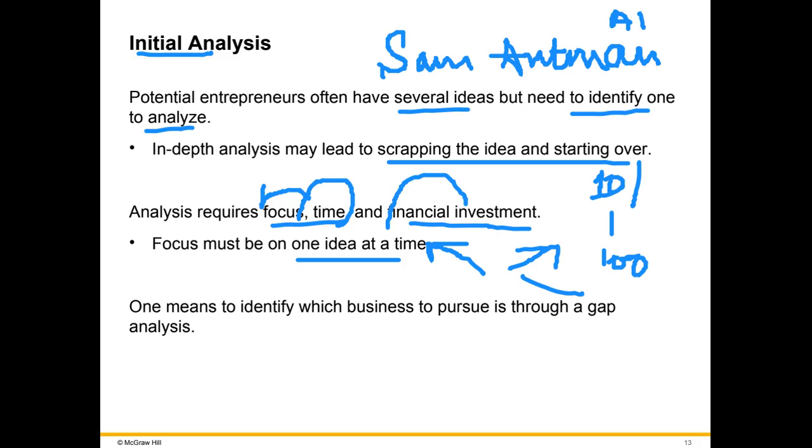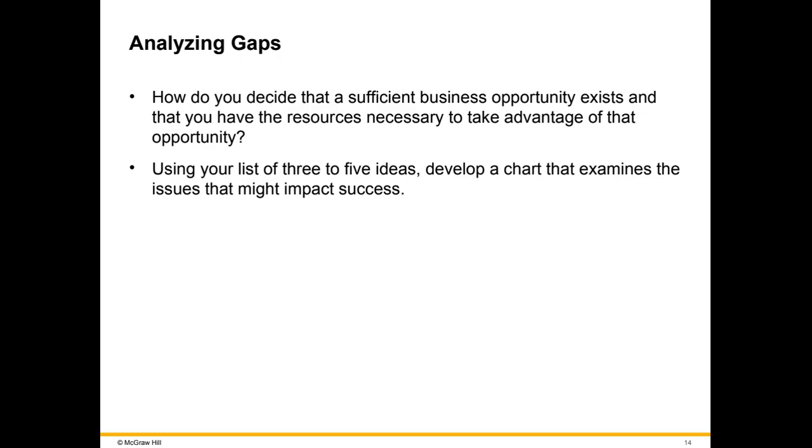One means to identify which business to pursue is through a gap analysis. Analyzing the gaps, how do you decide that a sufficient business opportunity exists and that you have the resources necessary to take advantage of that opportunity? So there should be sufficient business opportunity, and you should have adequate resources.